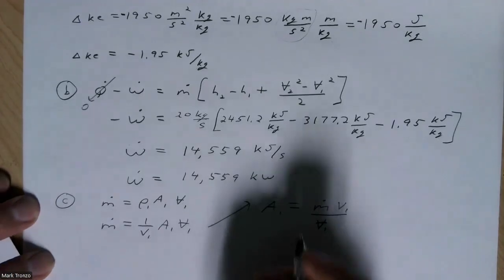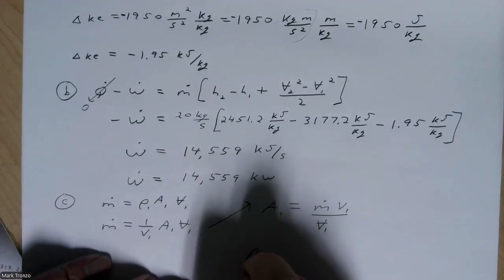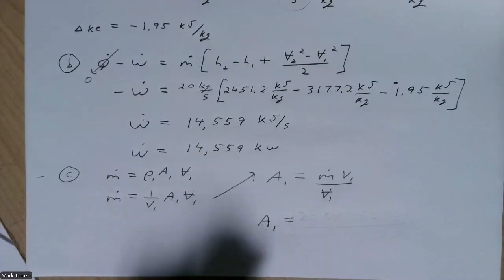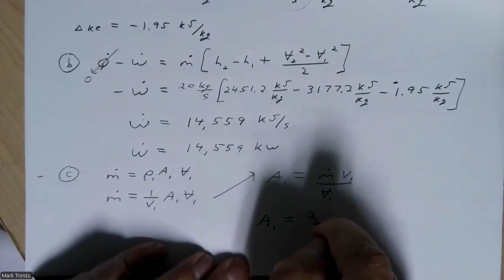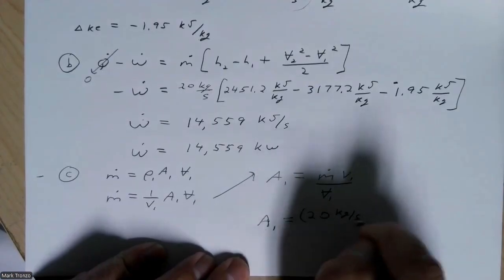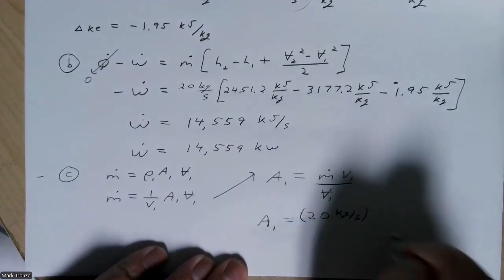And let's substitute our values. These were given: 20 kilograms per second was our mass flow rate.